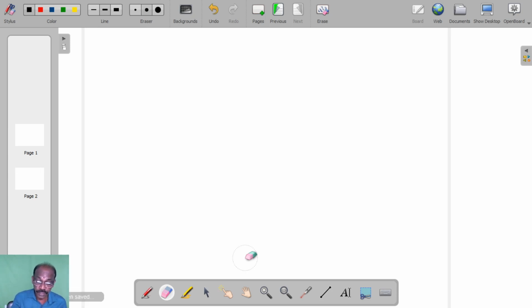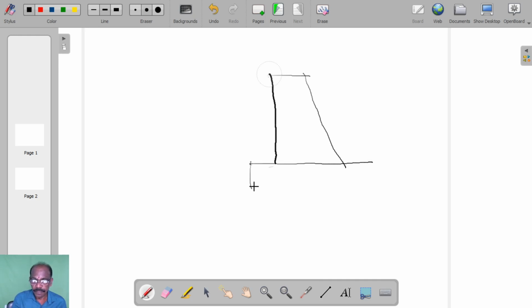Now this is your retaining wall, with one side battered and another side vertical, and the foundation is also there. This is the backfill, that is, the earth retained by the wall. This is the gravity retaining wall.